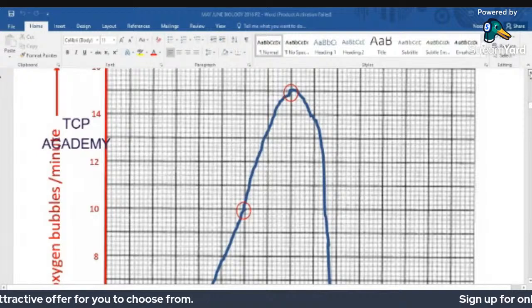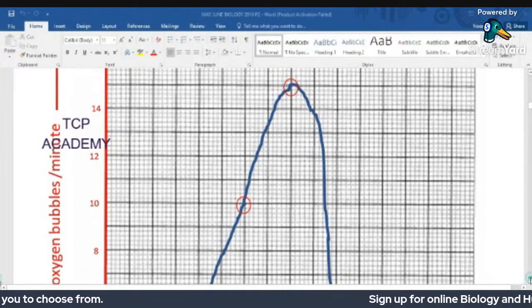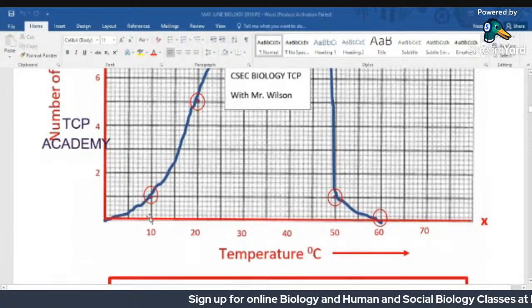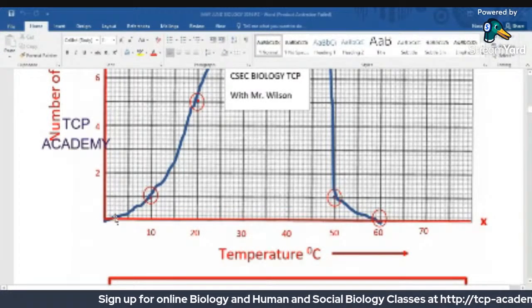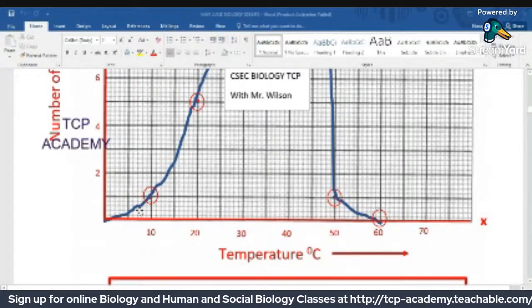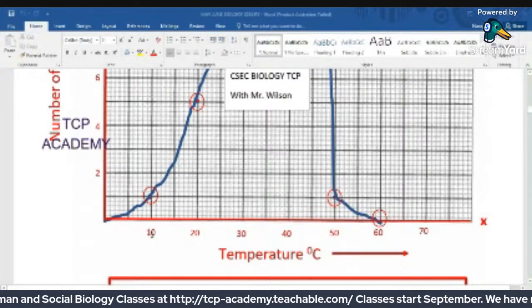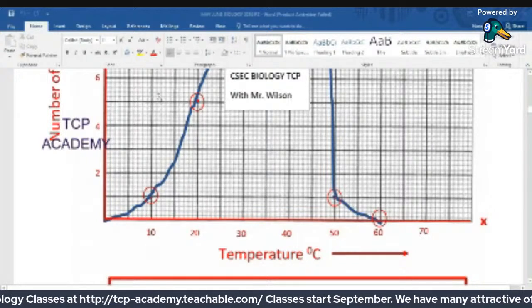And then we had to represent this on the graph paper. So what we had to do, we had to work a scale out. So here we're saying each of these grids represents a centimeter. So 1 grid, 2 grids. So we're saying here 2 centimeters represents 10 degrees Celsius. And you're going to see that in the scale.